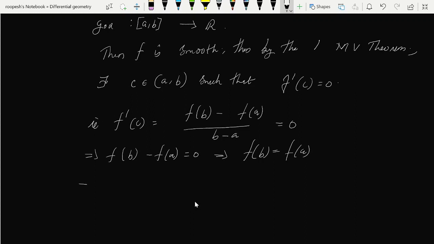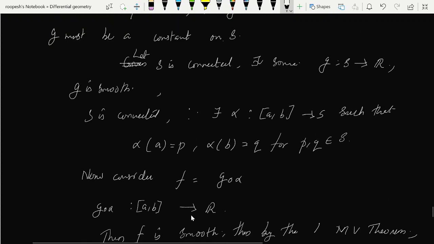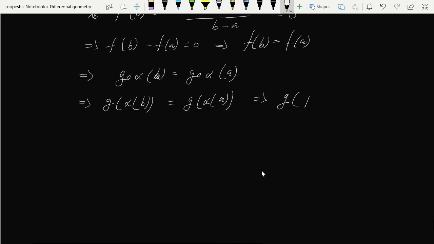So g composition alpha of b equal to g composition alpha of a, which implies g of alpha of b equals g of alpha of a. Alpha of b is q, so g of q is equal to g of p. So this implies your g is a constant.